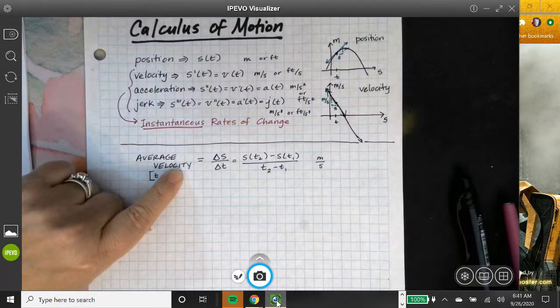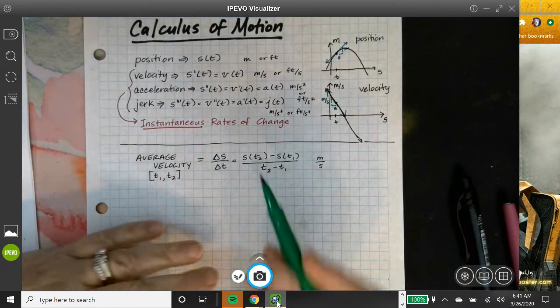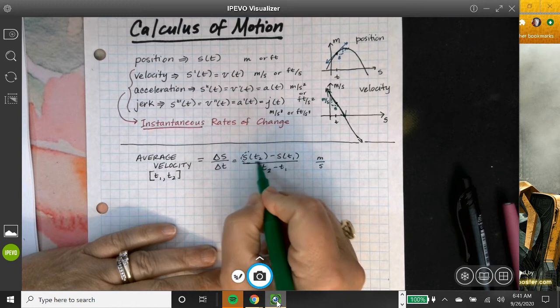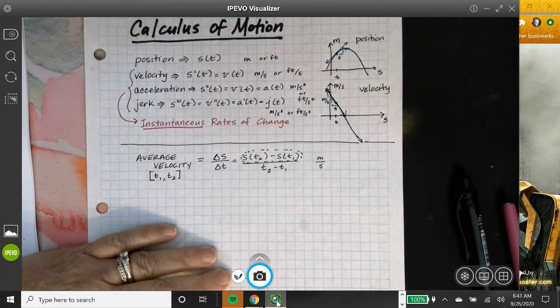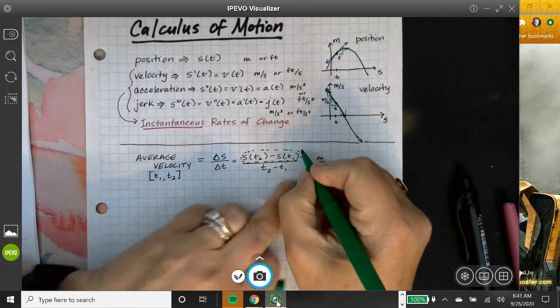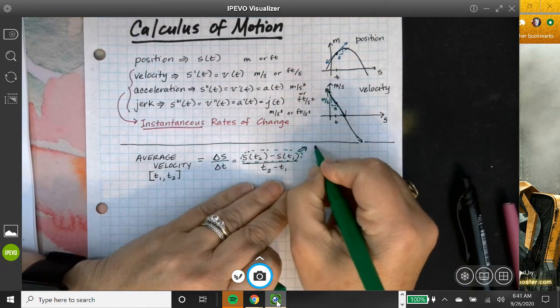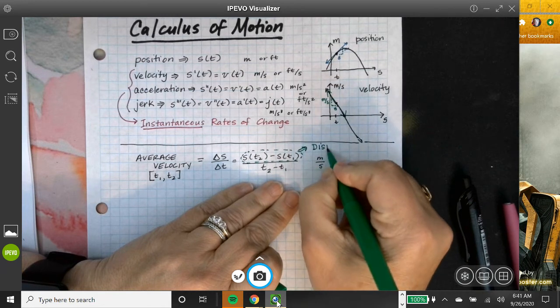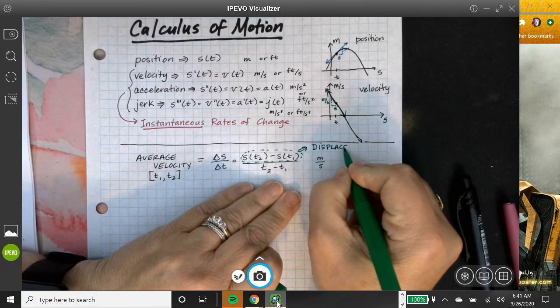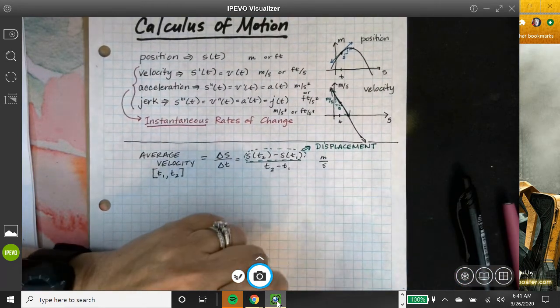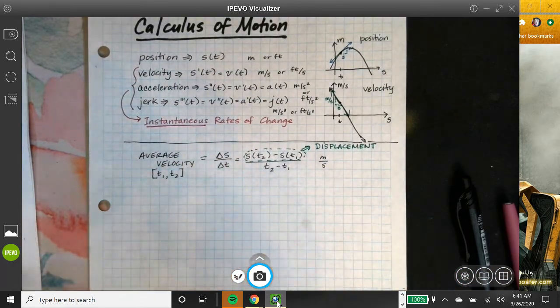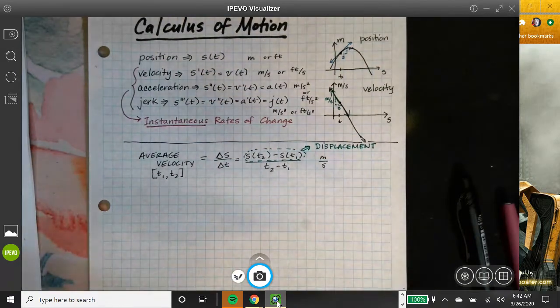Now, this quantity in the numerator here is called something specific in physics that you might recognize. And delta S, another fancy physics word for this is displacement. So the average velocity is the displacement, or delta S, over the change in time.